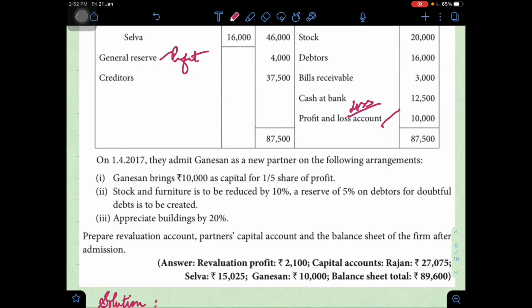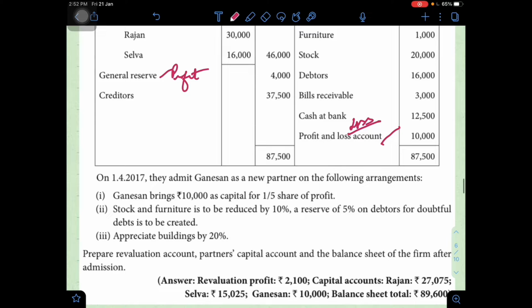Stock is given to be 20,000, and that is to be reduced, and then furniture also is coming down by another 10%. So from 1000 you have to calculate 10% and just subtract. They are all showing a reducing effect, which is loss on the reduction of the assets.